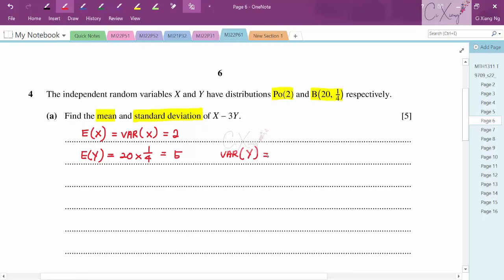Okay, so to get the variance for y, the formula will be npq, where n is 20, p is 1/4, and q is 3/4. So 20, 1/4, 3/4. From here, we should get the value for the variance of y, which is 15 over 4.